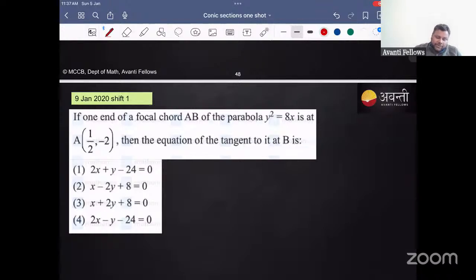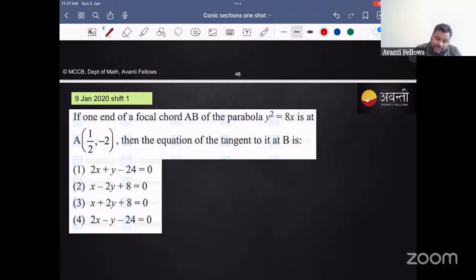If one end of the focal chord AB of the parabola is at this, find the equation of the tangent to it at B. Now tangents at the ends of the focal chord are perpendicular to each other. Yes or no? That's secondary.